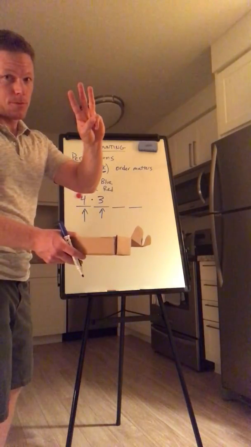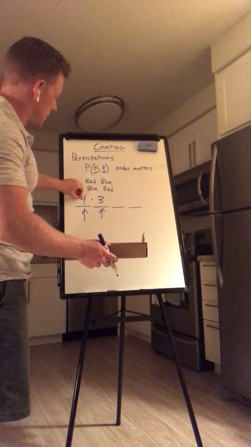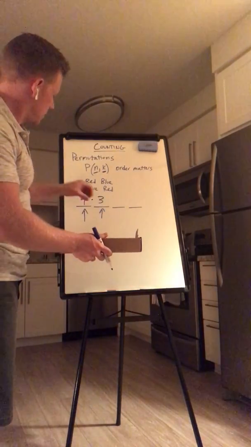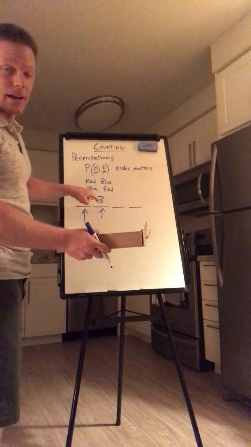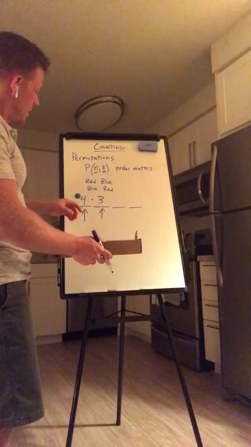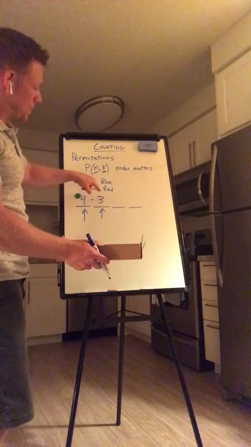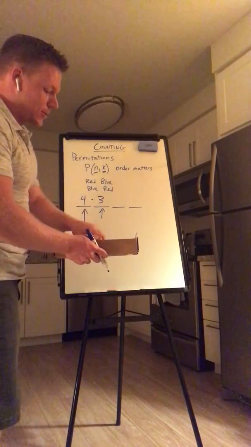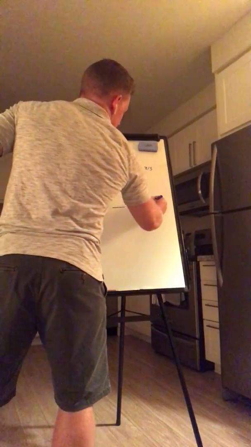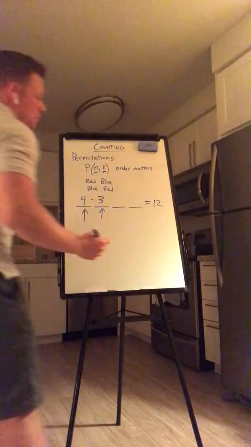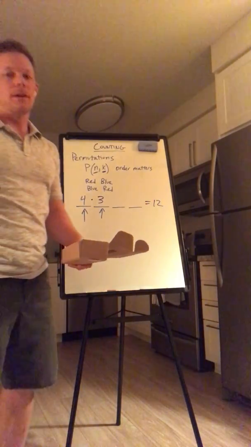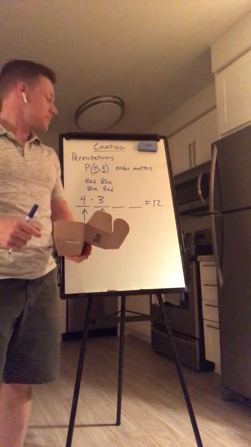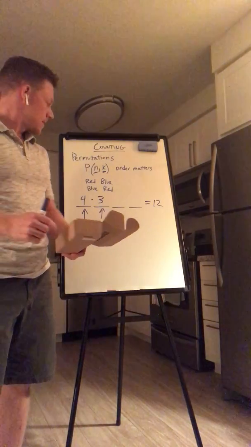So there's 3 combinations right there. Well, what if I had chosen green to be my starting magnet? Then I got 3 more, right? So I got 4 cases here multiplied by 3, and my total is, there are 12 different ways for me to pick 2 magnets out of this box, where order matters.